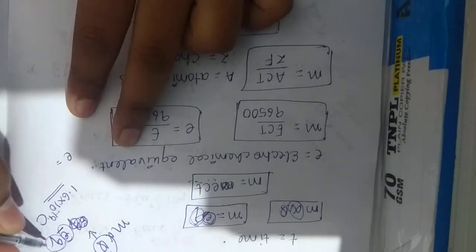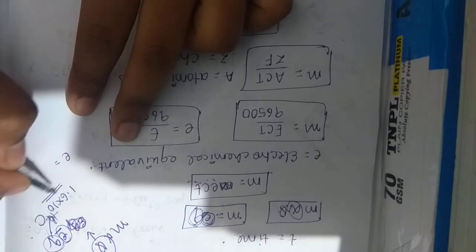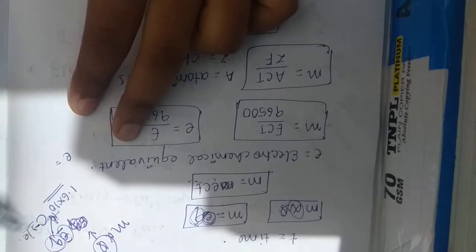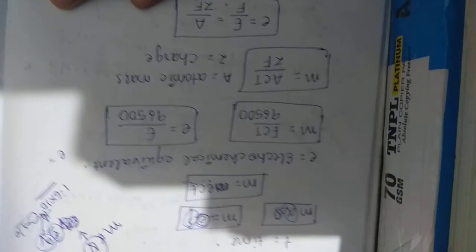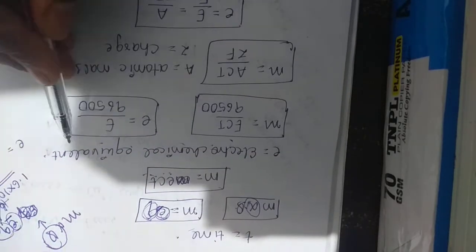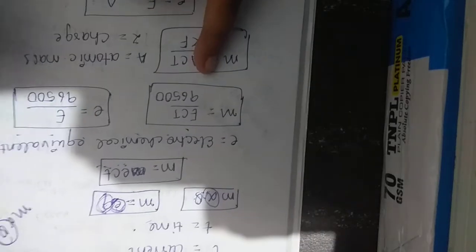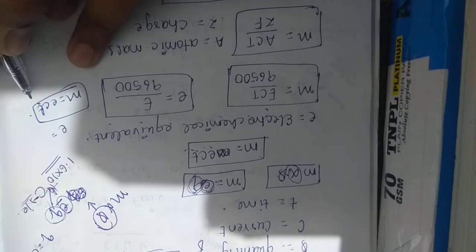Here Q is this, okay. This is just for one electron which I gave. Okay, fine. I just told you for an info. Now E is electrochemical equivalent. Now here M we have got ECT. Right? M we have got ECT.